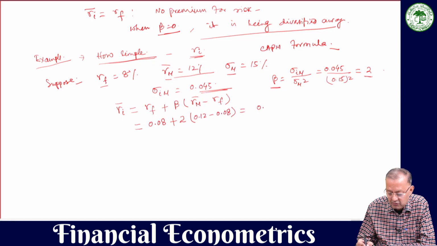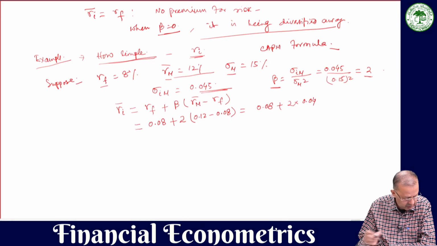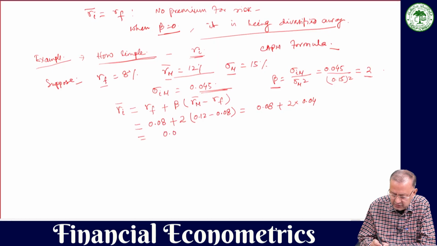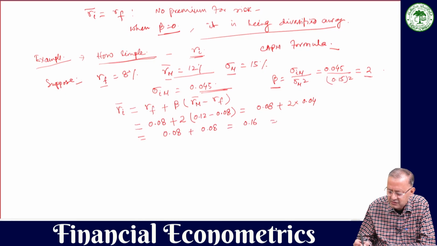So this is equal to 0.08 plus 2 into 0.04. So this comes out to be 0.08 plus 0.08, which is equal to 0.16, equal to 16%.